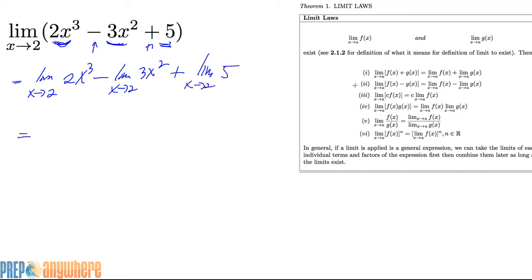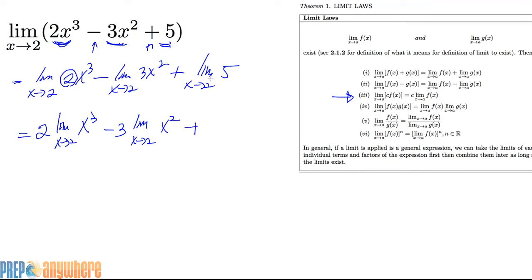And using that rule, you can even not worry about this multiplied by 2 until after you do the limit. So that means you write it like this. This 3 as well, you pull it out, and do the limit on the x squared first.